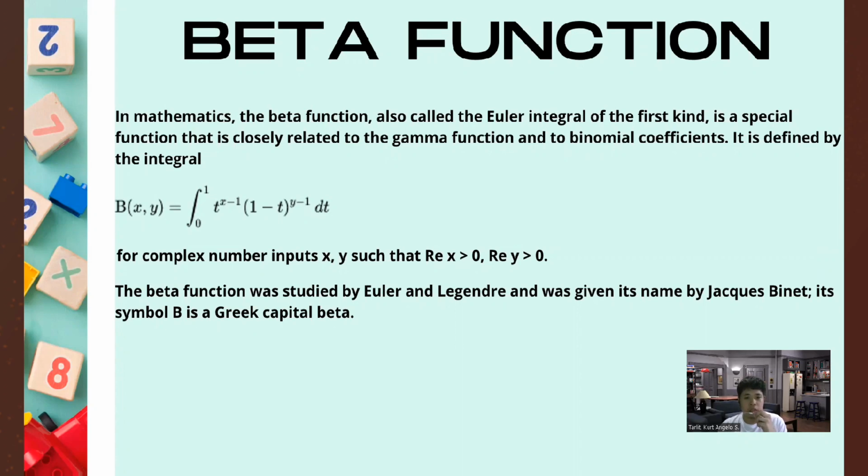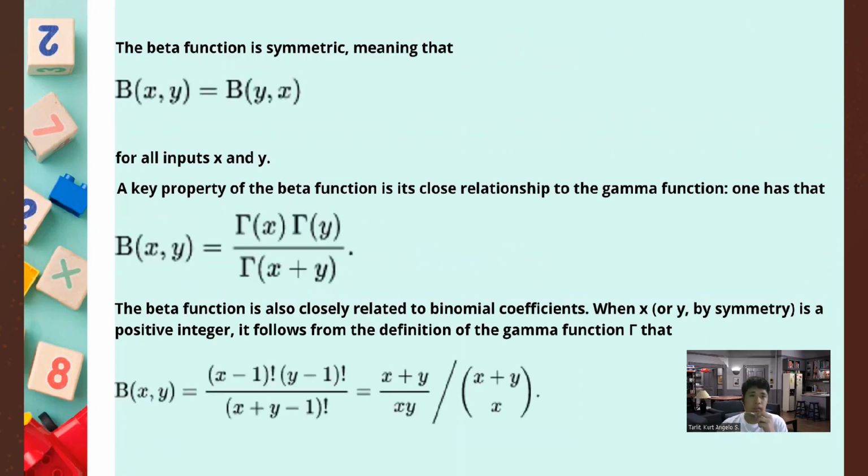The beta function was studied by Euler and Legendre and was given its name by Jacques Binet. Its symbol B is a Greek capital beta. The beta function is symmetric, meaning that B(x, y) = B(y, x) for all inputs x and y.